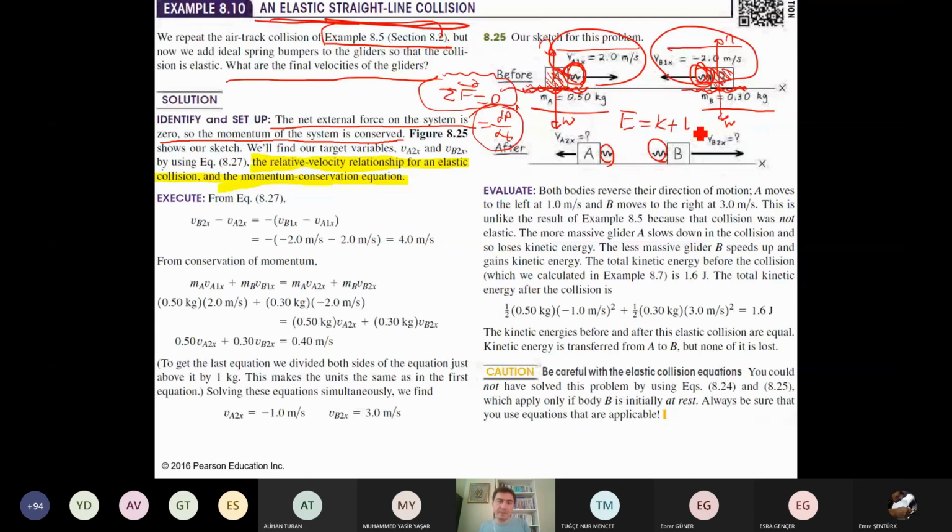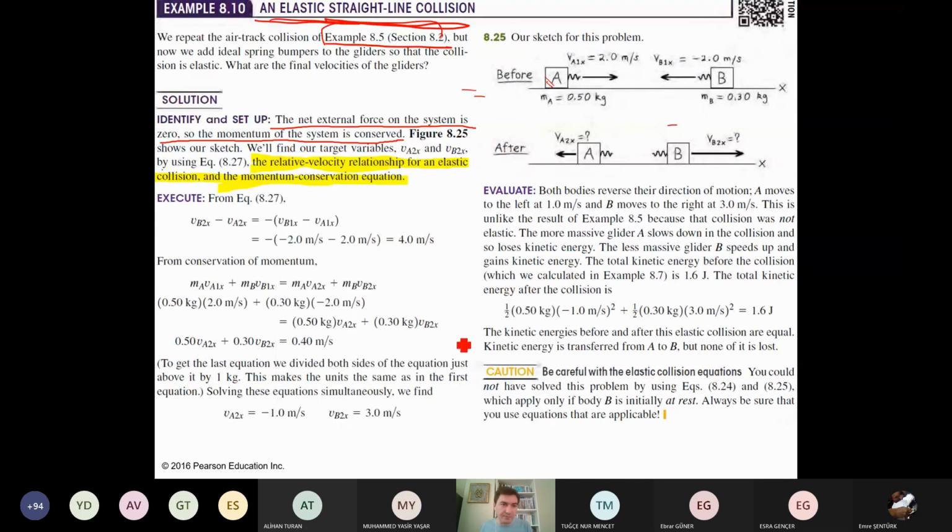So let me try to solve this example. What we have said, the momentum is conserved and this is the elastic collision and kinetic energy is conserved. So just try to write also this relation, what we have learned here.